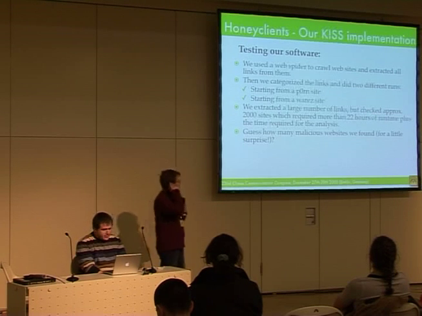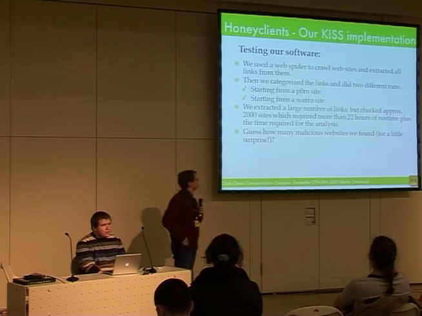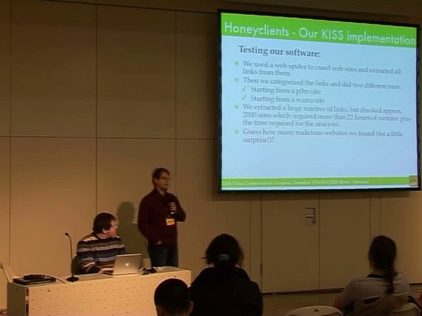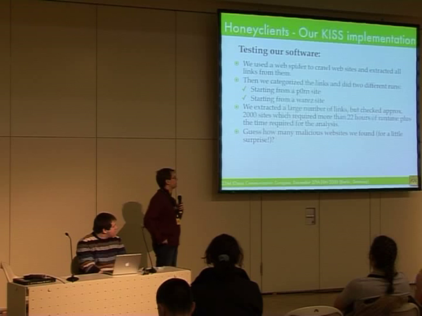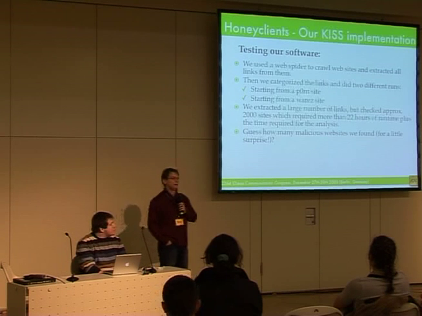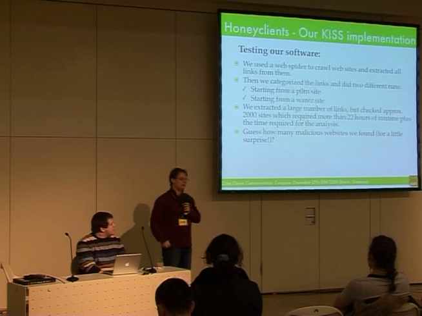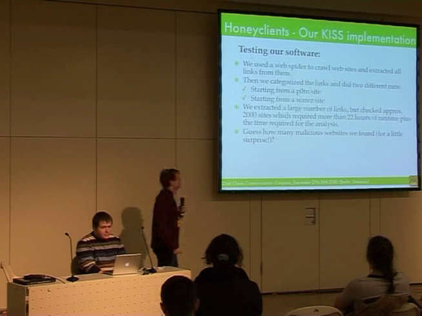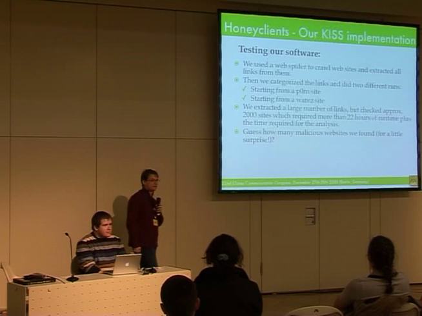So what we did, actually, we did two different runs. We crawled links and structures starting from a porn site, because we were assuming that porn sites are malicious with a high chance, and we did the same with the virus site.